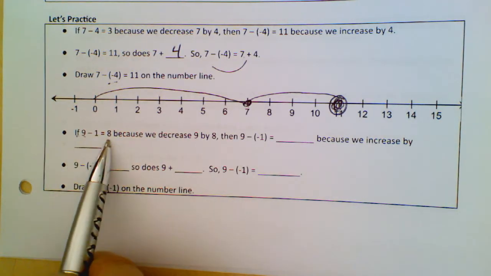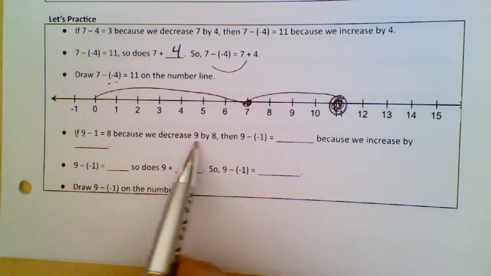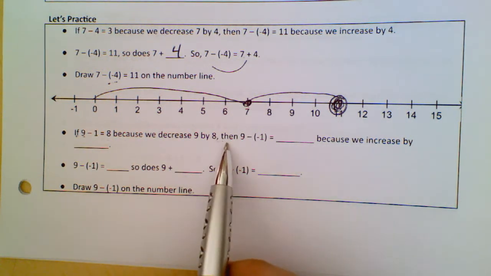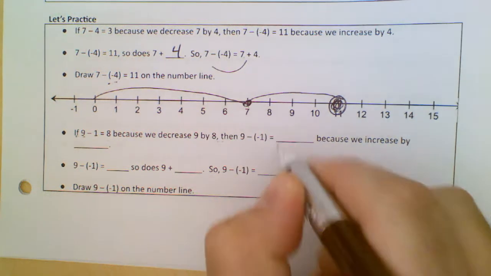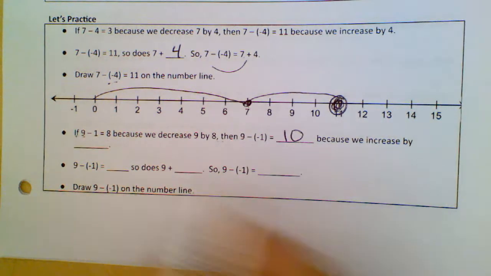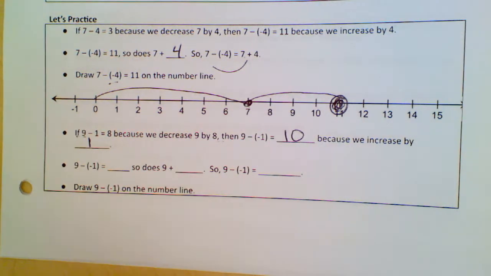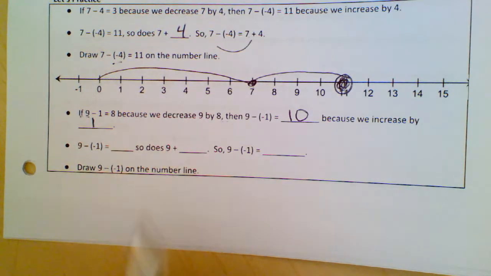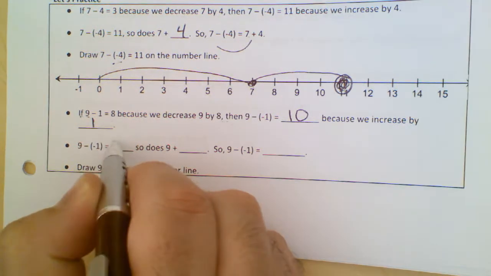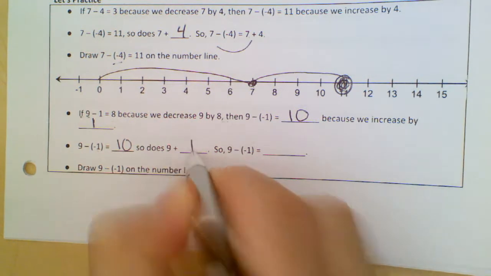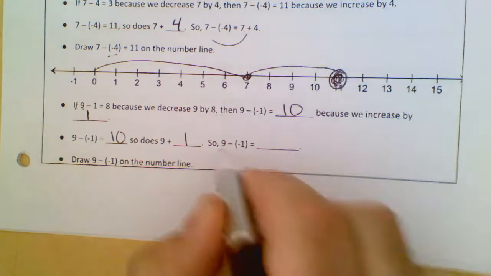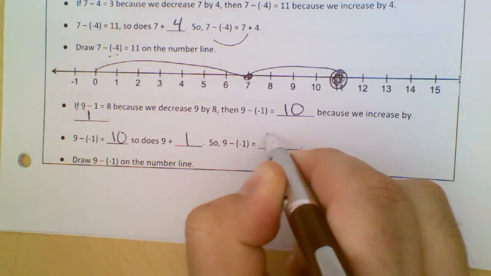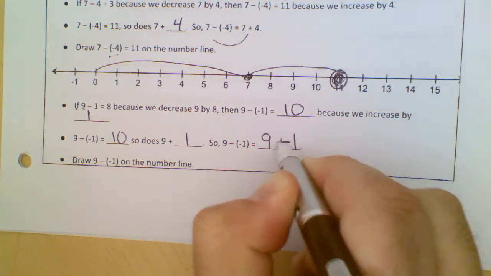We know that 9 minus 1 equals 8 because we decrease 9 by 1. So then 9 minus negative 1 must equal 10 because we're increasing by 1. So 9 minus negative 1 is 10. So does 9 plus 1. So 9 minus negative 1 is the same as 9 plus 1.